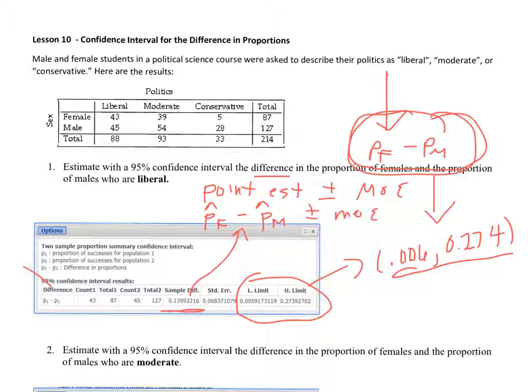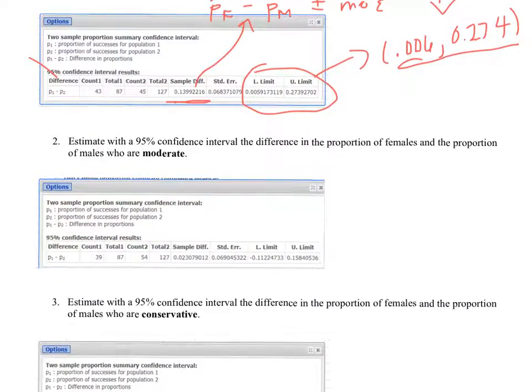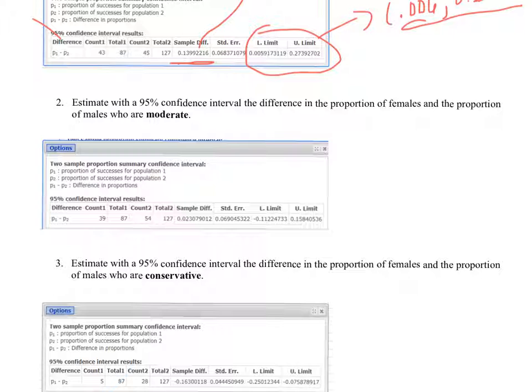Okay, so let's look at another example, same data set. In this case, we want to estimate the difference in the proportion of females and the proportion of males who consider themselves to be moderate. Again, putting the data into StatCrunch, here's the difference in the sample proportions of those that are moderate, and the confidence interval is right here.